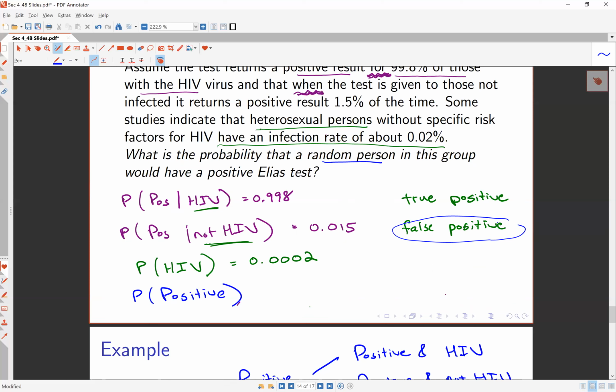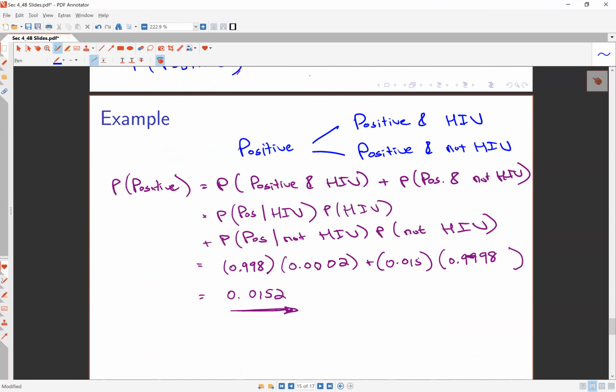And that has everything to do with how rare HIV positive status is, at least in this target population.